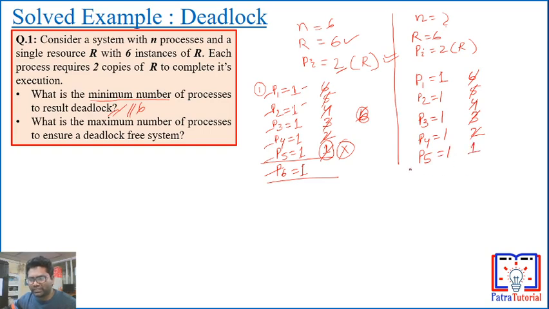Now see, I have one instance here, and there are 5 processes in the system, and all of them need only one more instance of r to complete their execution.